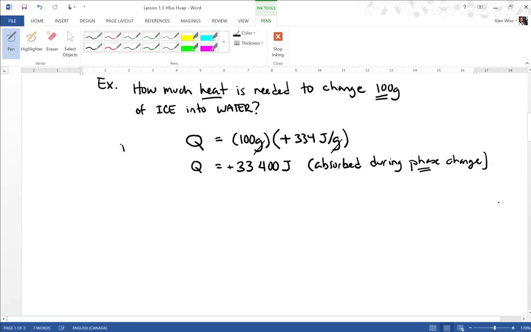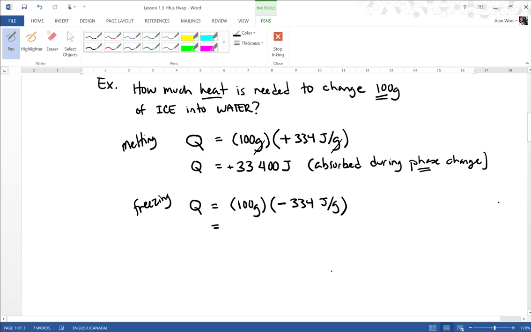Similarly, if we actually did the reverse process, this is the melting stage. If we looked at freezing, it's still the same formula, 100 grams, but because we're freezing, we have to put the negative sign in front because we're releasing heat.